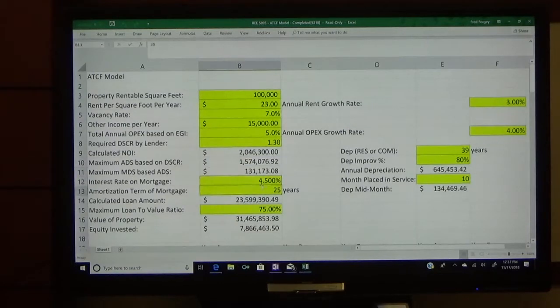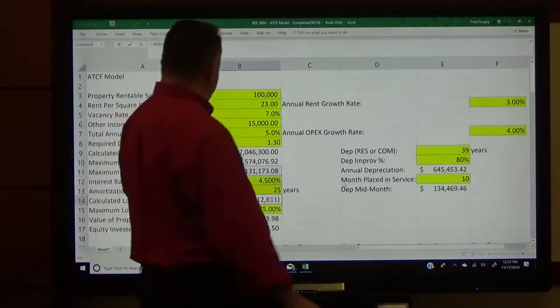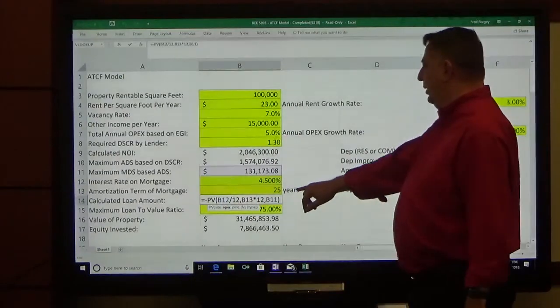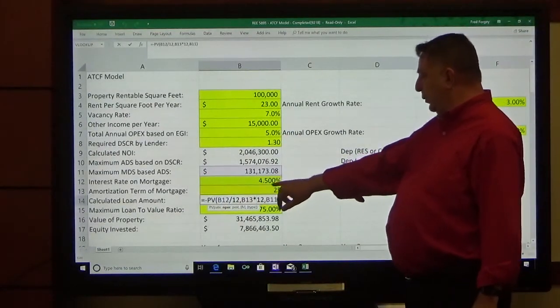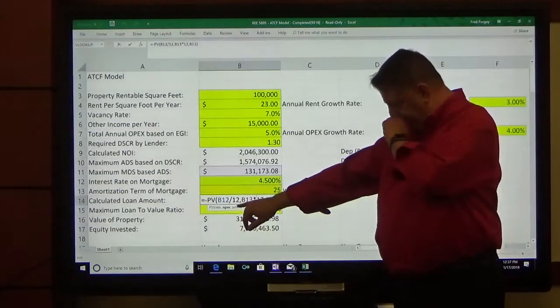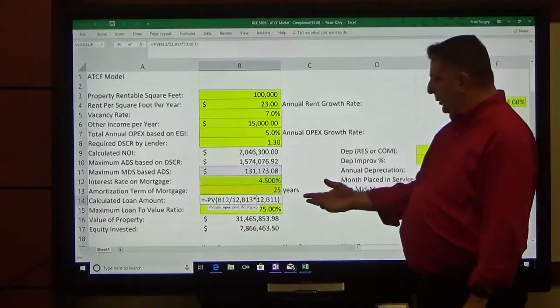Next couple of inputs, we've simply got our interest rate for the loan, and then the amortization period for the loan. Based on all of that, we're able to calculate what that actual loan amount is using the present value formula. We're using the information right above: the interest rate of 4.5%, which is B12, divided by 12 to get a monthly rate.